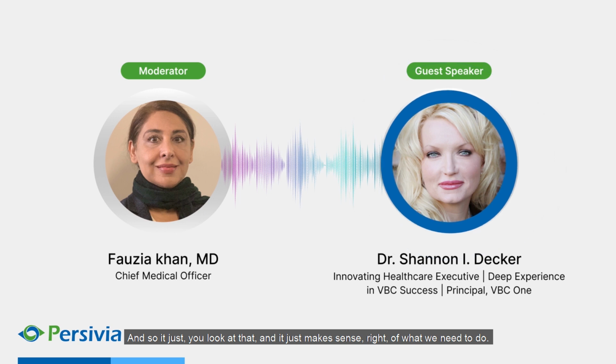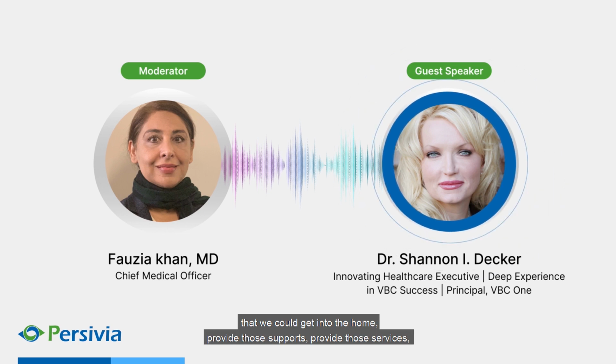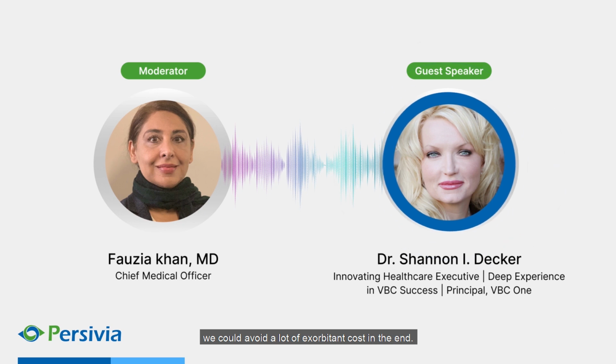You look at that and it just makes sense of what we need to do. And so if we just inserted ourselves earlier in the process, had actionable data that we could get into the home, provide those supports, provide those services, we could avoid a lot of exorbitant cost in the end.